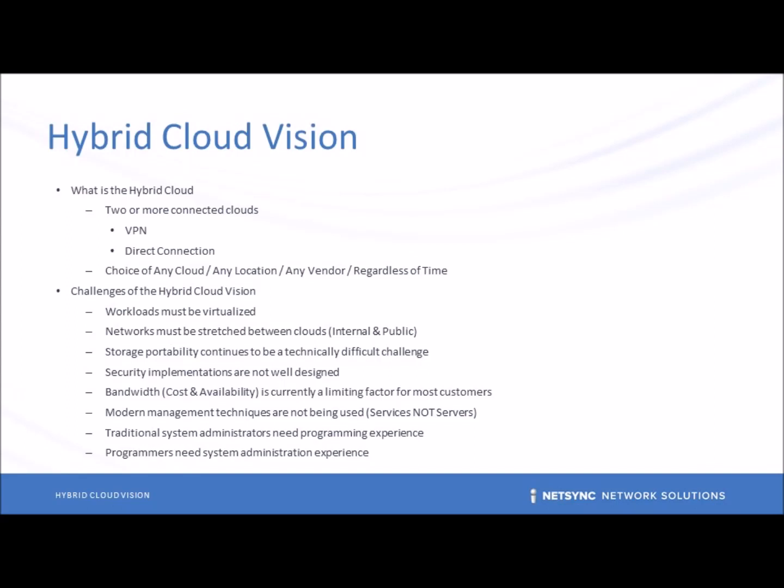It's a data center running somewhere that you're going to connect. The interesting thing is that we want to get to where we can run our workloads in anyone's cloud, your cloud, AWS, Azure, Google, anything, without having to think about it. So essentially we've come to this choice of any cloud in any location with any vendor, regardless of time. This is the ultimate thing that everybody wants.